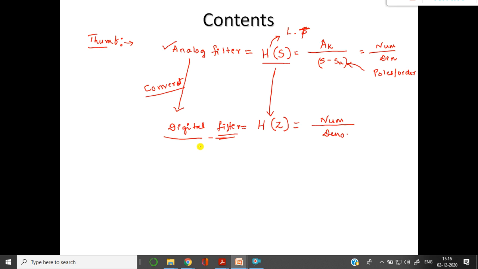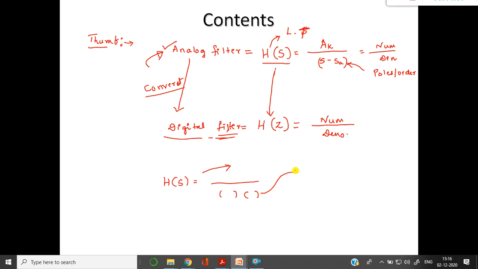Any time you want to design a digital filter, first and foremost you must design an analog filter first. You need to design H(s). How do you design H(s)? H(s) is designed by deciding how many poles are required for my system.